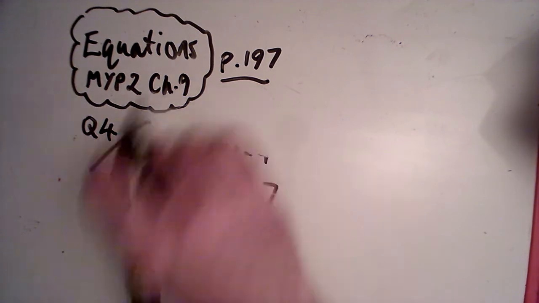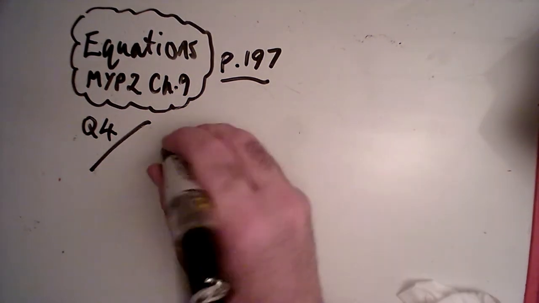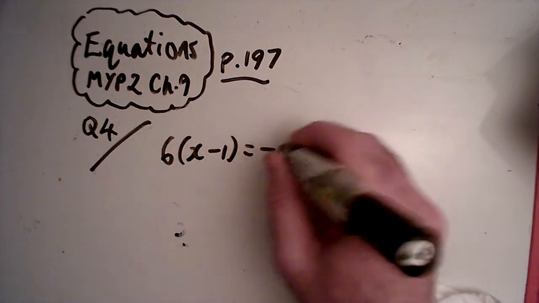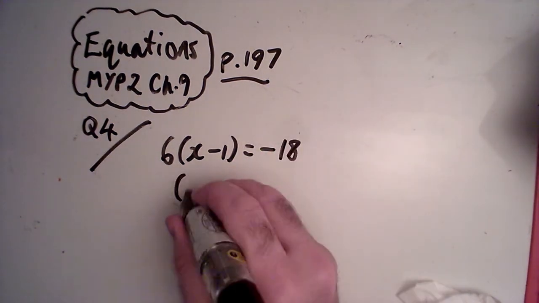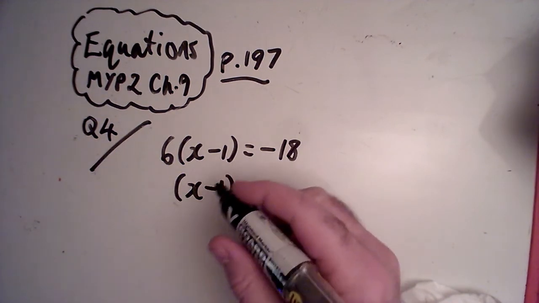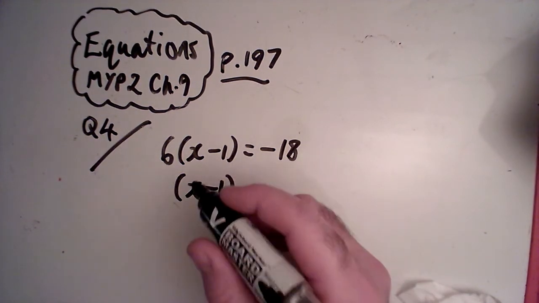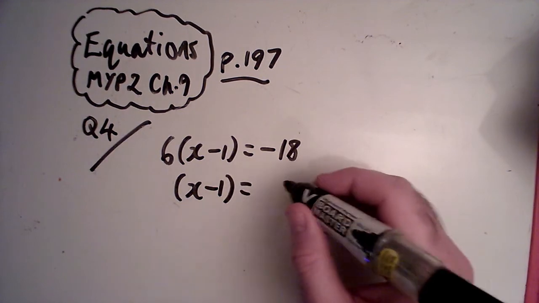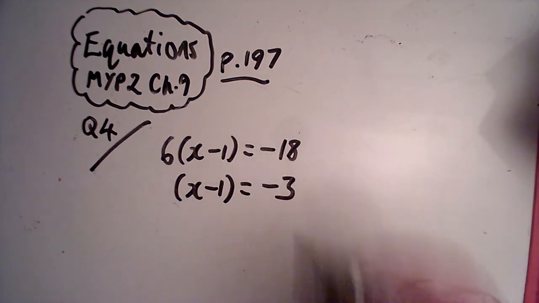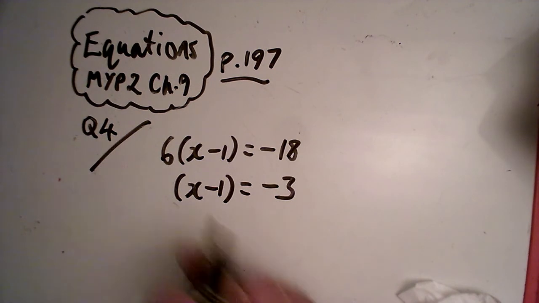Next one, K, says 6(x - 1) = -18. Divide by 6 to get the bracket on its own, gives you x - 1 equals, well, -18 divided by 6 is -3. So x - 1 = -3.